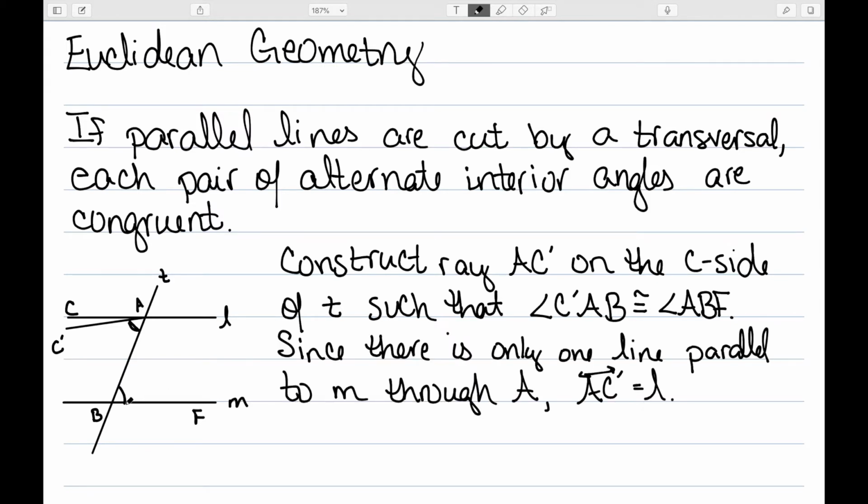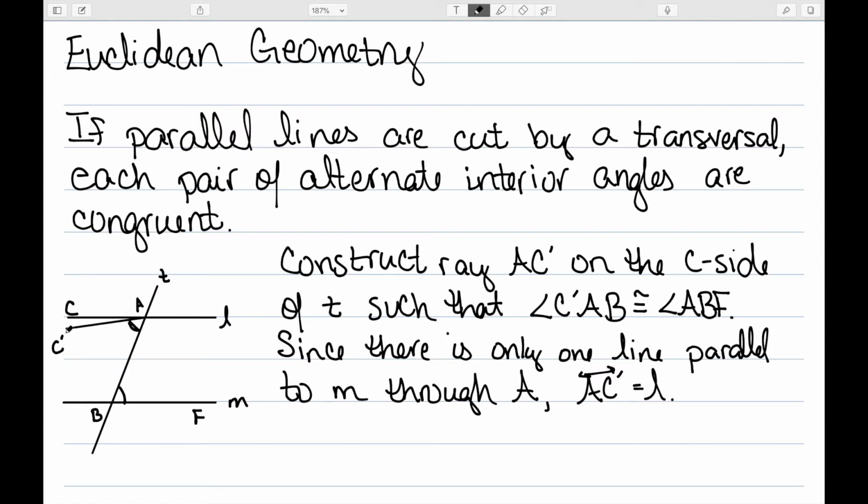The parallel postulate for Euclidean space says if I have a line and a point not on that line, there's only one line passing through that point that's parallel to the original line. So there's only one line parallel to M through A. That means this AC prime needs to be equal to L. Since I know L is parallel to M, and I've already proved if the alternate interior angles are congruent, then the lines would need to be parallel, AC prime would also need to be parallel to M. And that's enough to give it to me.